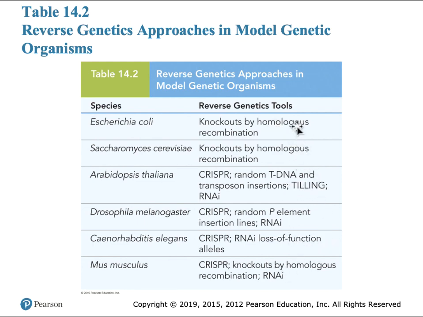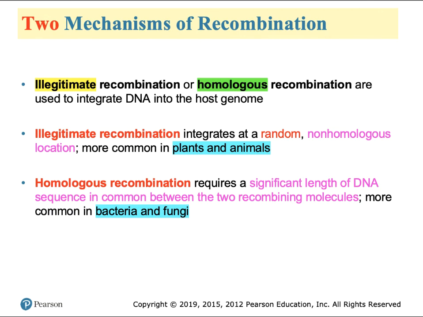Returning our attention to recombination, there's two types of recombination that can be witnessed when it comes to generating resources for genetic investigation. One is called illegitimate recombination, and we'll talk about that next. And the second is homologous recombination, which we have some knowledge of from prior lectures, but we'll mention it again in this context.